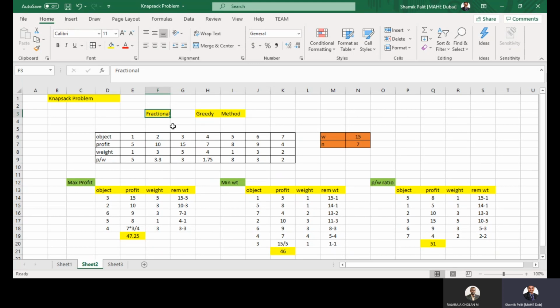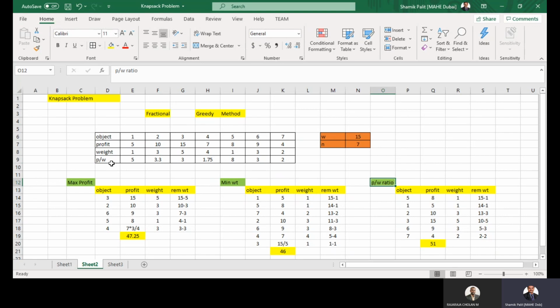Fine. Now let's have a look at this particular example for the knapsack problem. We will consider 3 different strategies. In the first strategy, we will consider the maximum profit. In the next strategy, we will consider the minimum weight. And in the third strategy, we will take the profit versus weight ratio.